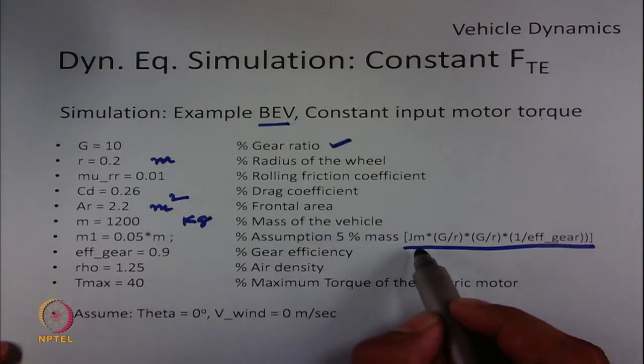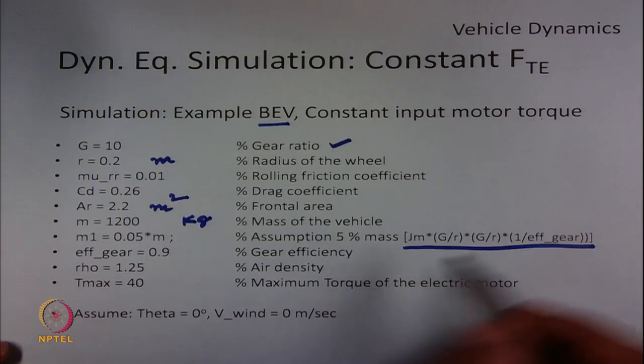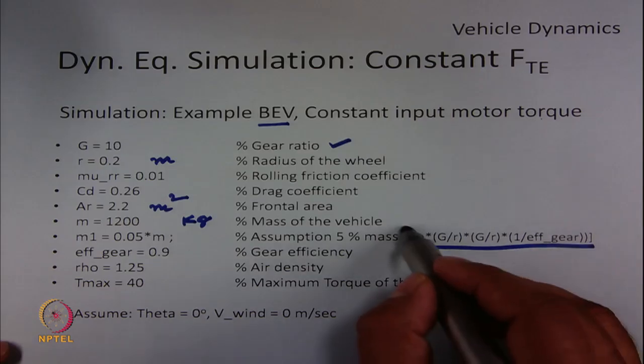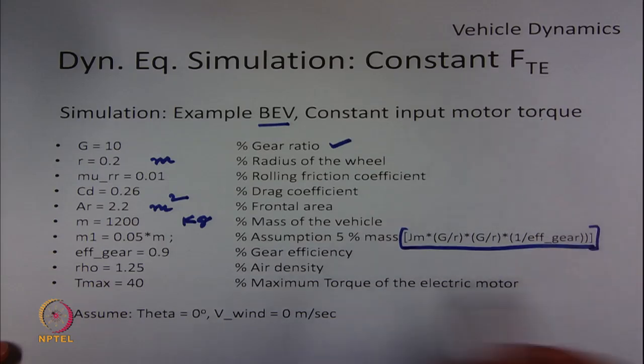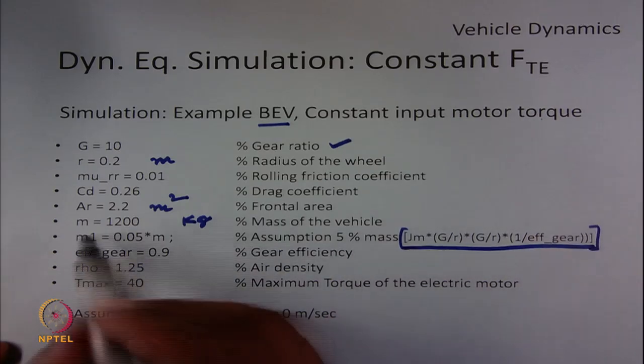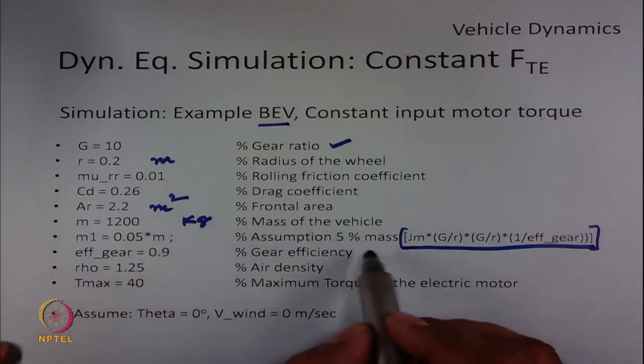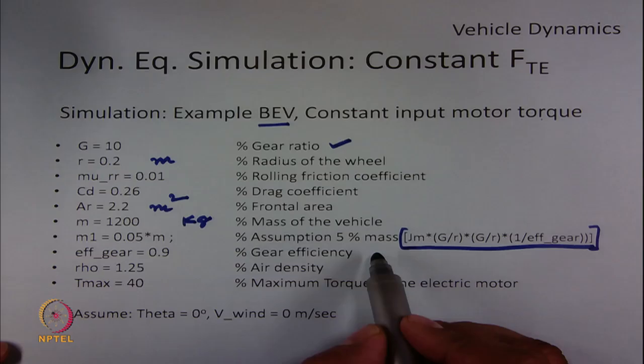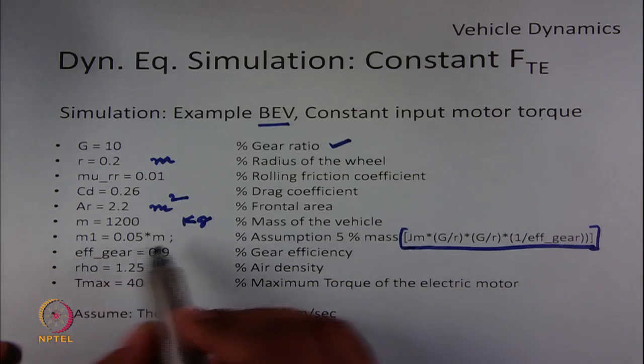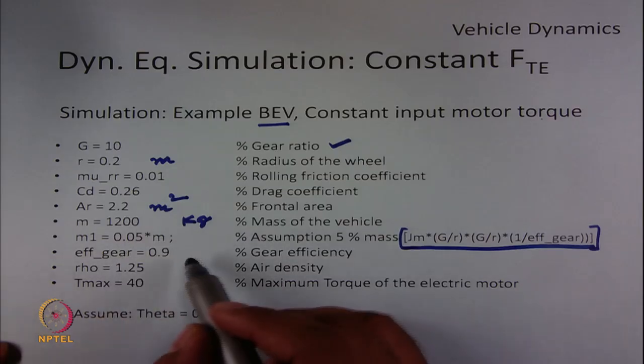So, if this Jm is not known, the equivalent mass with respect to this term can be assumed to be 5% of the mass of the vehicle. So, let us assume that, and it is quite a reasonable approximation. So, m1, let us say, is 5% of m. The efficiency of the gear, let us take as 0.9.